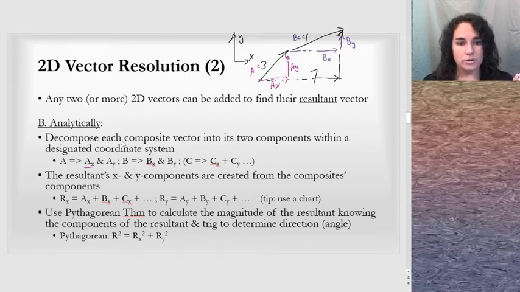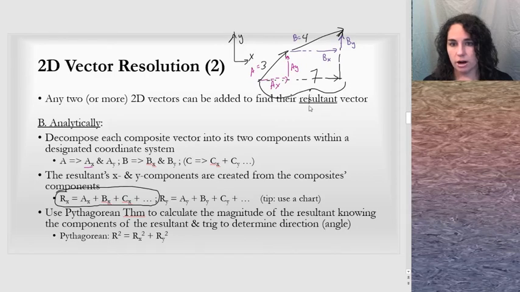Once I decompose each one into its components, the resultant's x and y components are created from the composite. So if I look at the resultant, in the x direction I'm going to take all of the little parts, all of their x components, and add them up. If I take Ax and add on Bx, I should get Rx in here.